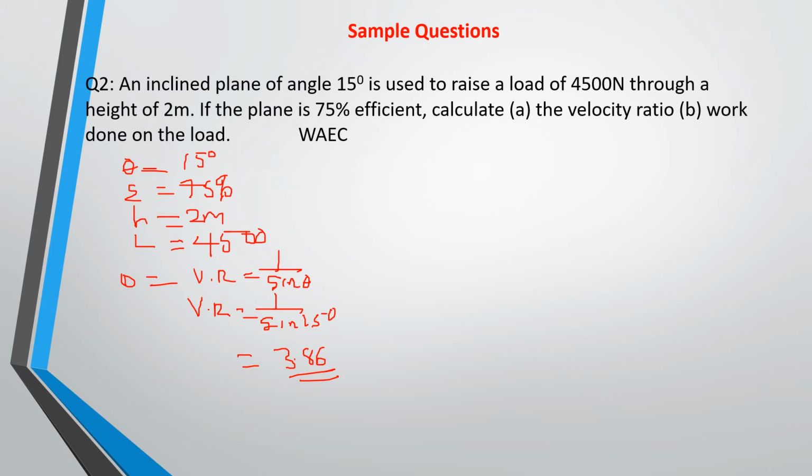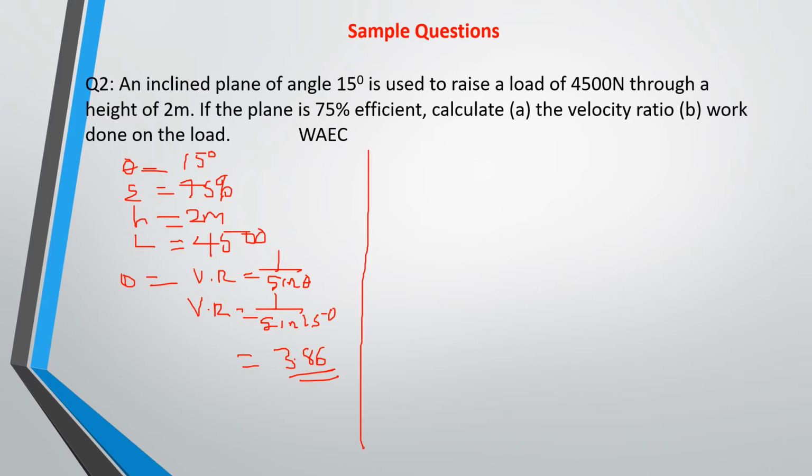Then you can find the work done on the load. The work done on the load is the work input. And the work output is the work that the machine does. The work that is put into the machine is the work done on the load.